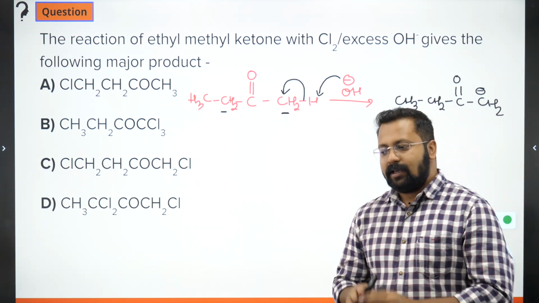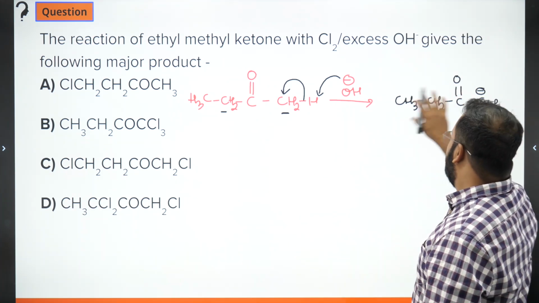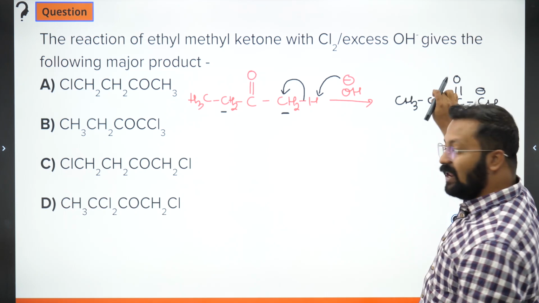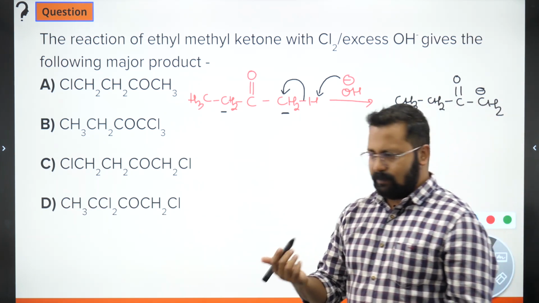Also, less groups which are pushing electrons towards it. CH3 is pushing electron towards the carbon atom. So if there is a negative charge formed over here, then that negative charge will become unstable.